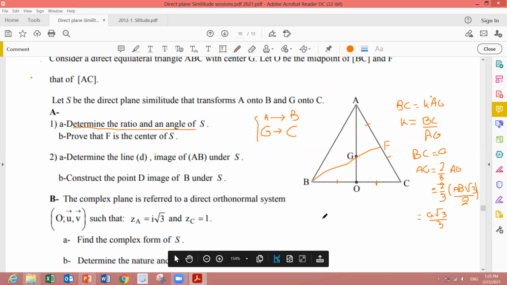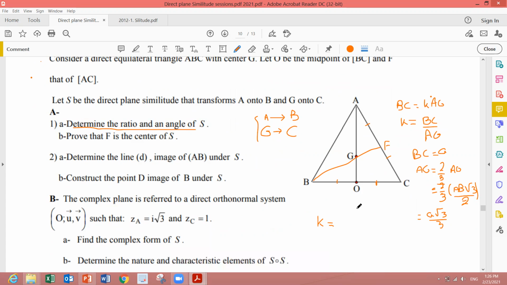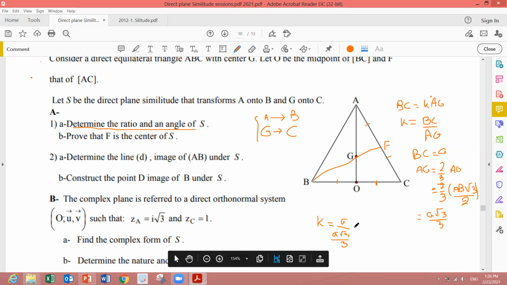How much will be k? k equals BC over AG, which is a over a radical 3 over 3, which gives 3 over radical 3, equal radical 3.